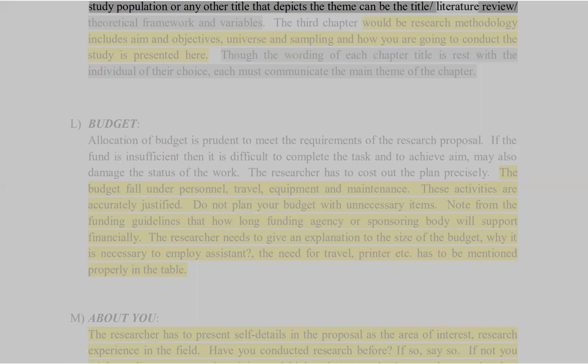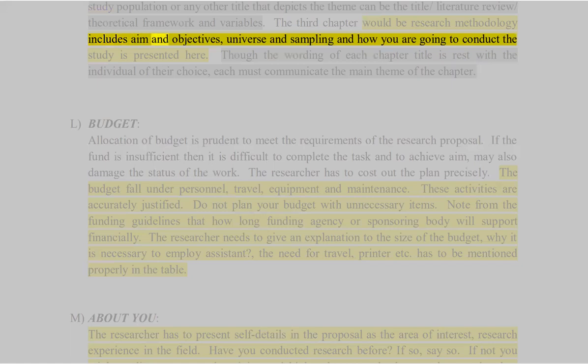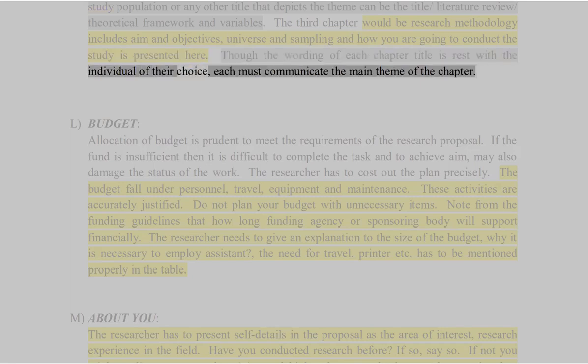Literature Review, Theoretical Framework and Variables. The third chapter would be Research Methodology, which includes aim and objectives, universe and sampling, and how you are going to conduct the study. Though the wording of each chapter title rests with the individual's choice, each must communicate the main theme of the chapter.